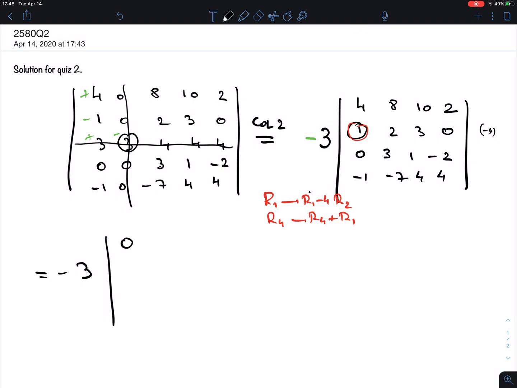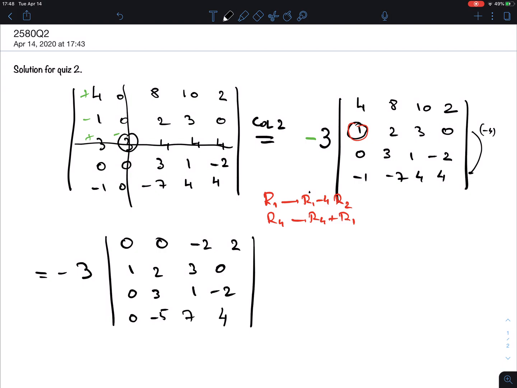That's 0, 0, minus 2, 2. Right? And that row gets copied, and so is the next one. And then finally, I'm adding this row to that. That's just 0, negative 5, 7, 4.